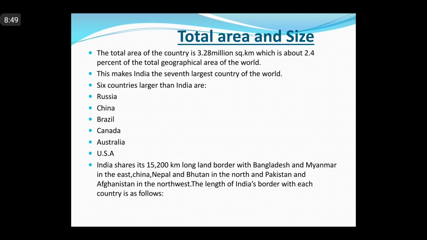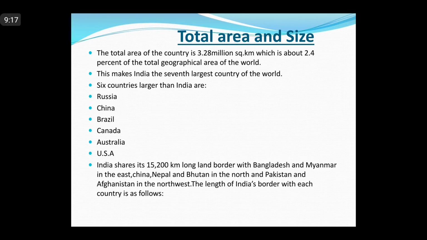If the coastlines of the Andaman Nicobar Islands and the Lakshadweep Islands are added, then the sea frontier of India stretches to 7,517 kilometers.